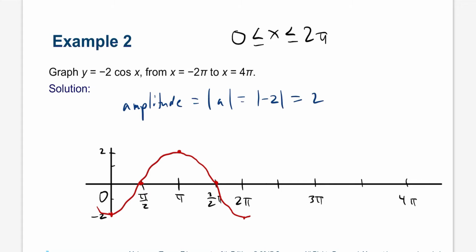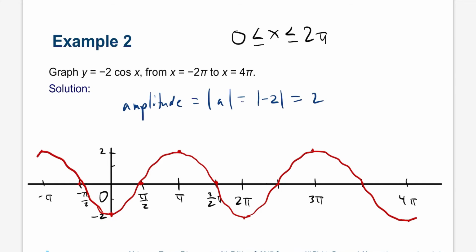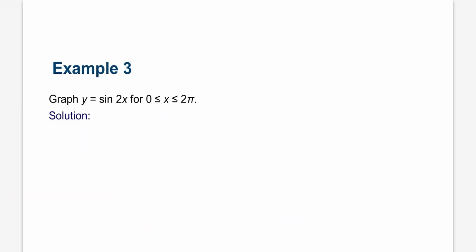And so your graph would just go back to 0, back to 2, back to 0, back to -2. And you can extend it in the opposite direction as well. So this would be -pi over 2, -pi, and so on and so on. And you would just continue in the other direction.